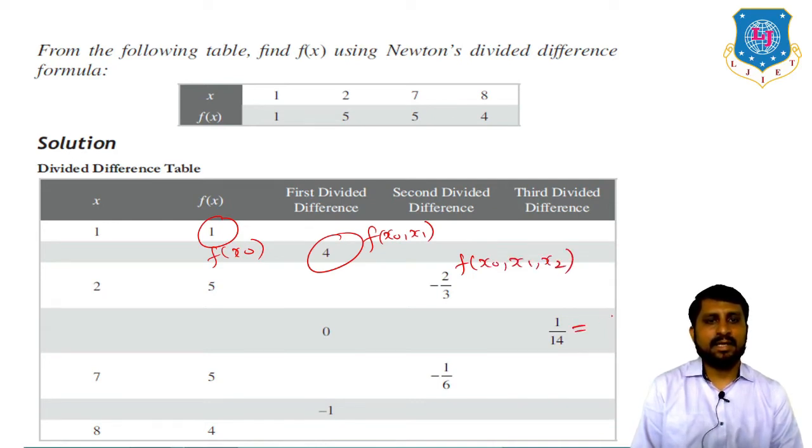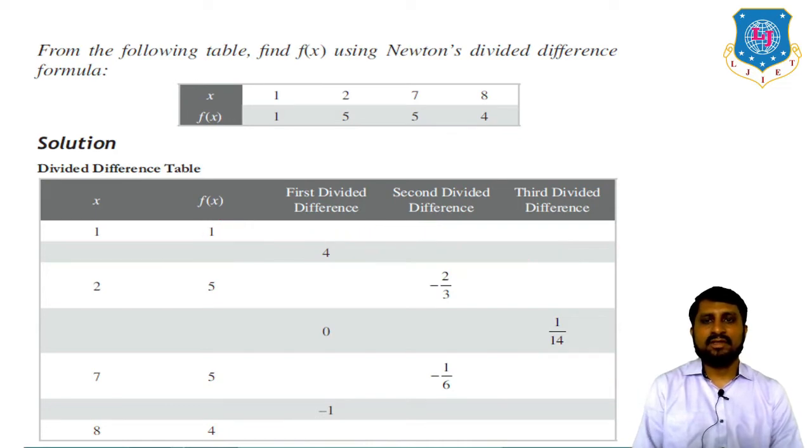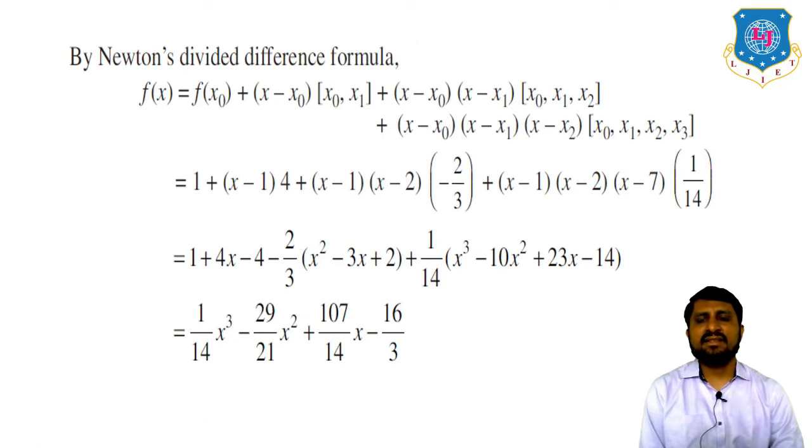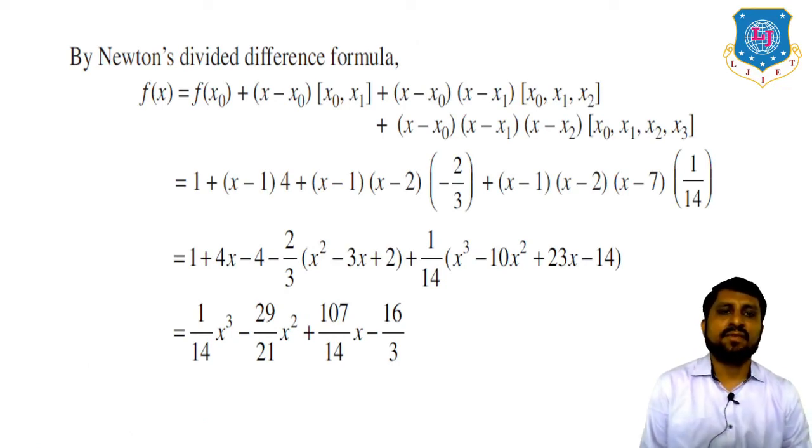This entry, 1 by 14, is f of x0 x1 x2 x3. So we have to use all these values: 1, 4, minus 2 by 3, 1 by 14. This is my formula, Newton's divided difference formula.